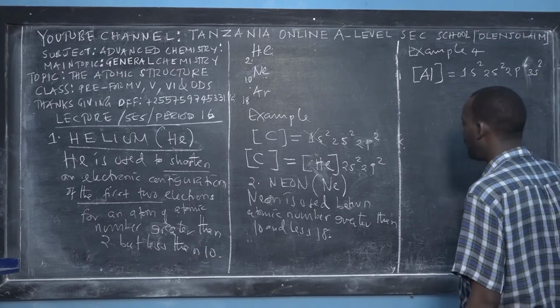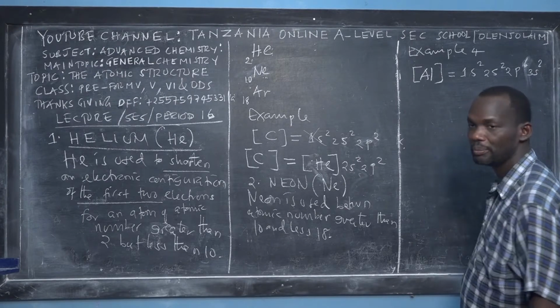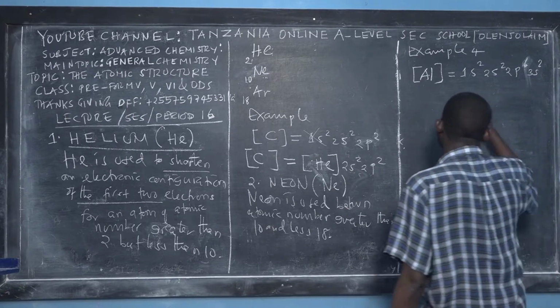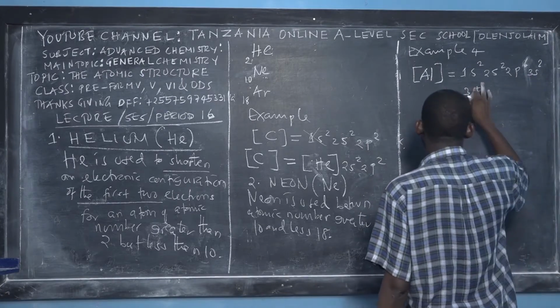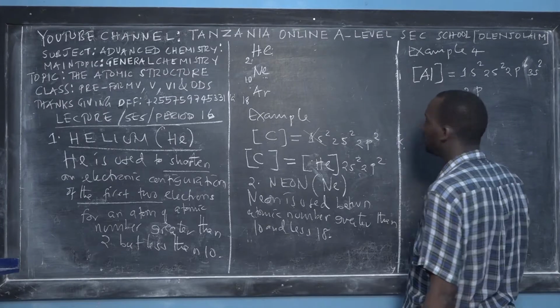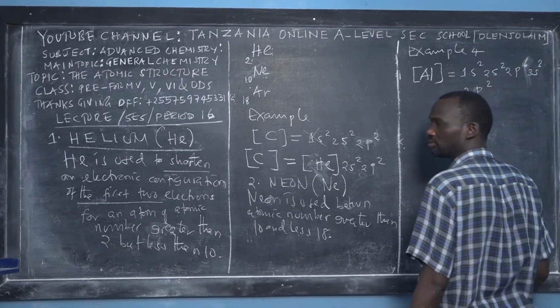Then next after 3s we have 3p. So 3p, because these are 11 electrons and aluminum contains 13 electrons. So 2 electrons will be here.